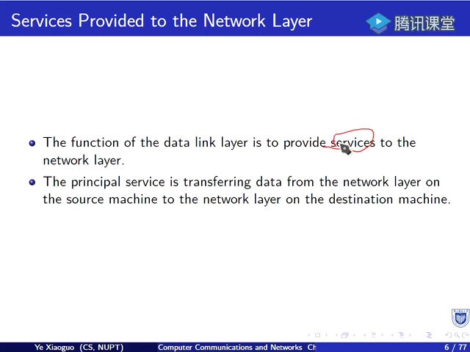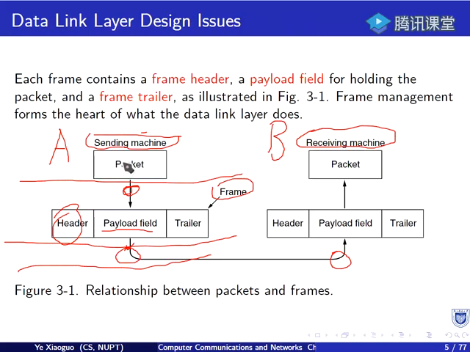That means if the network layer wants to send a packet, then the data link layer can take the packet and transmit it to the peer data link layer entity.